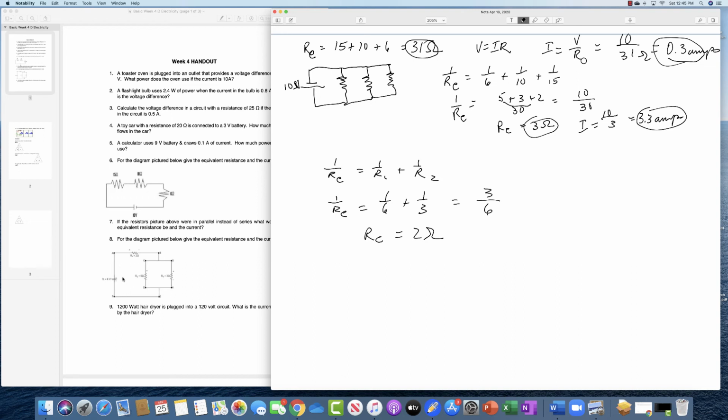Now that means you can redraw this like this. This is 6 volts, and you go up here and you have this resistance, which is 2 ohms, and you can change this whole thing into one resistor that is also 2 ohms.